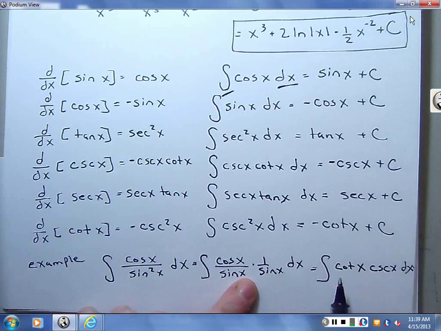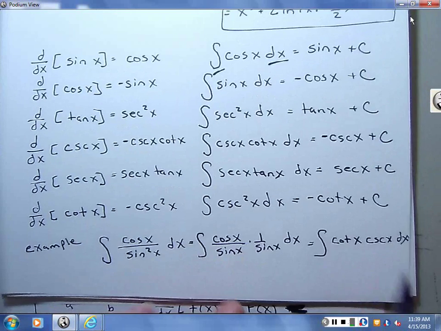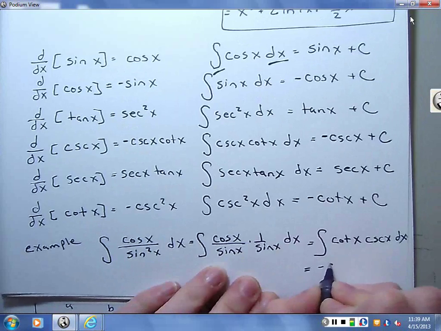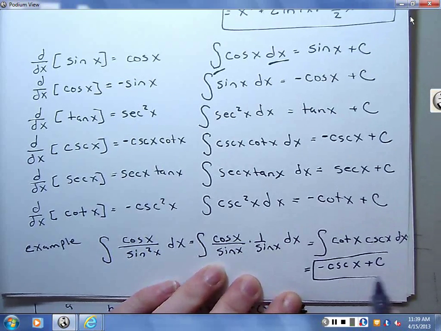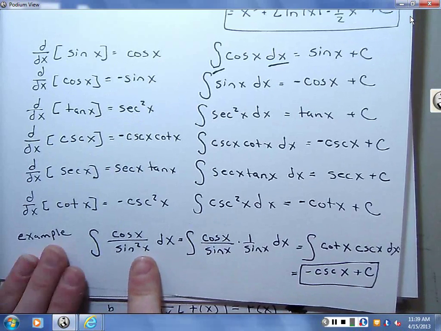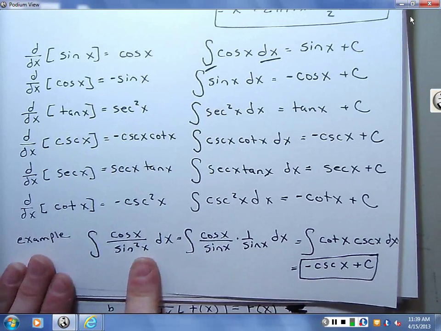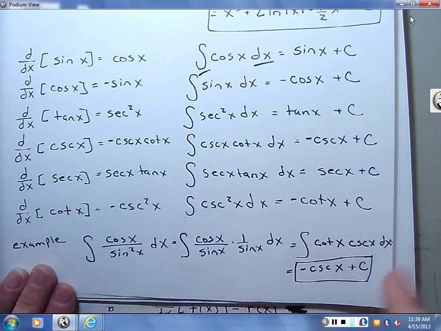What's the integral of cotangent cosecant? So this is minus cosecant of x plus c. But do you see here from here, you're like, ooh, what is that? But knowing that it has to be in one of these forms, getting it into that form and then knowing what that is.